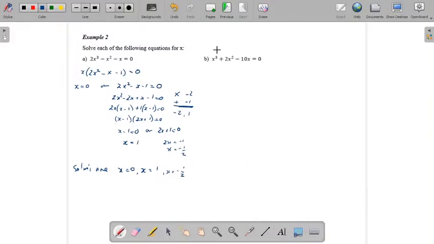All right, next one, we do the same thing and look for a common factor.